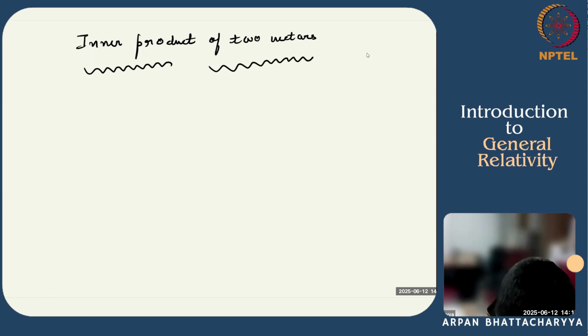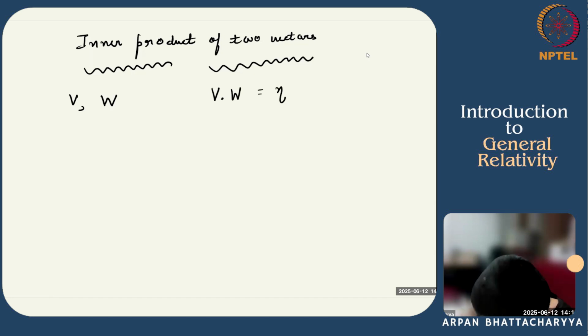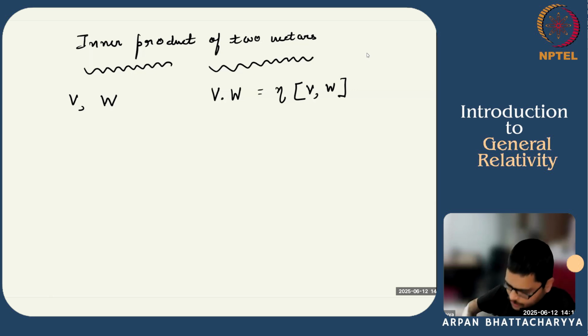So let's consider two vectors v and w. Their inner product is defined as η(v, w).